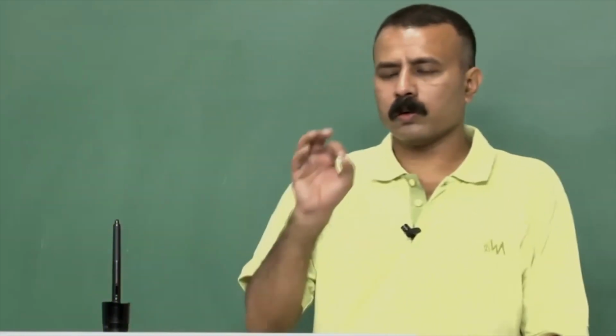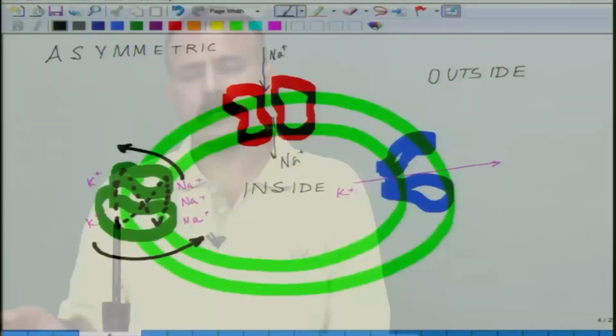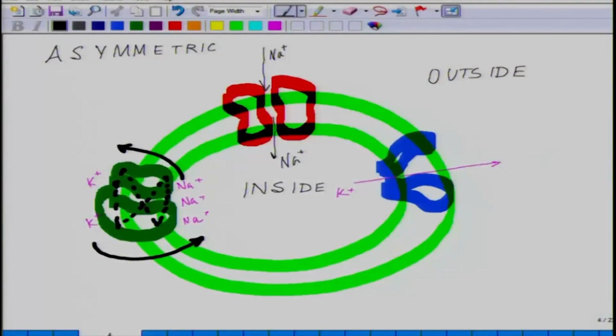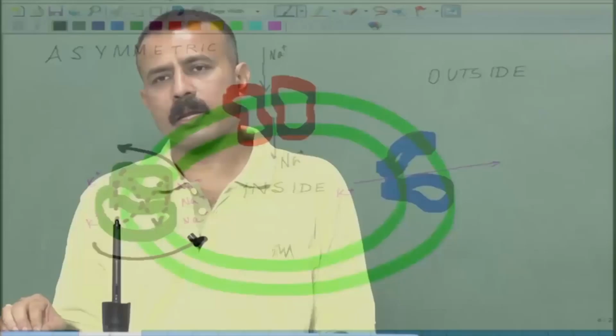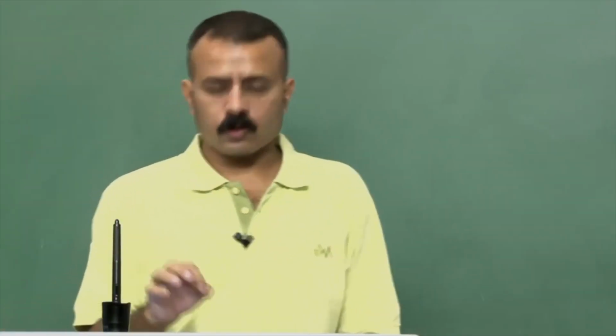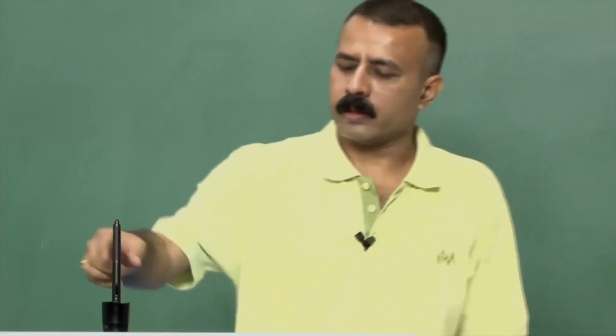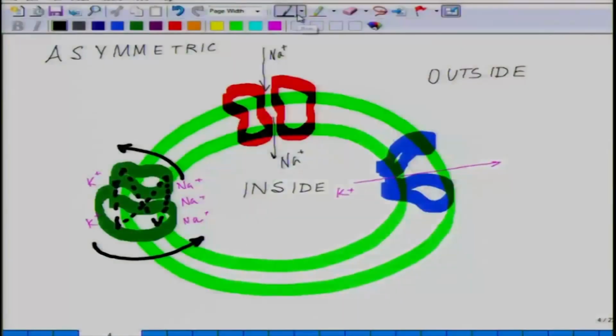Okay. So, if you look at all these three components which are responsible for executing the action potential, you will see all of these are asymmetric in nature, and that is what gives the membrane its asymmetry. This channel which I have mentioned here, these are voltage gated sodium channels.